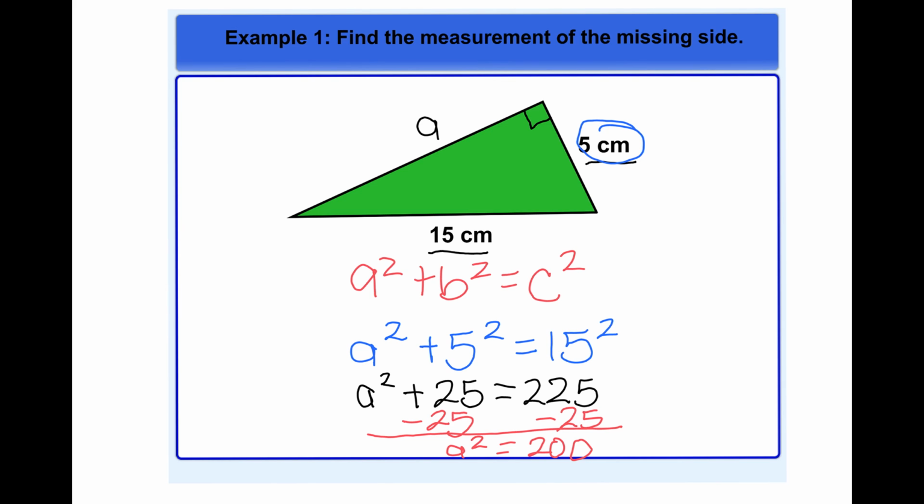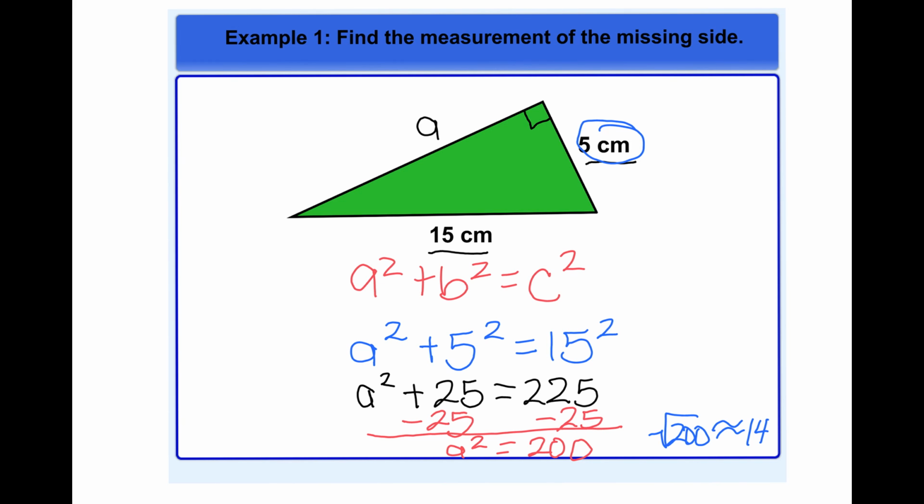My last step is going to be to take the square root. So the area of the square is 200. To find the side length, I'm going to do the square root of 200. And if you think about what the square root of 200 is, if I want to do a quick estimate of that, I know that 14 squared is 196, so it's just a tad bit over that.